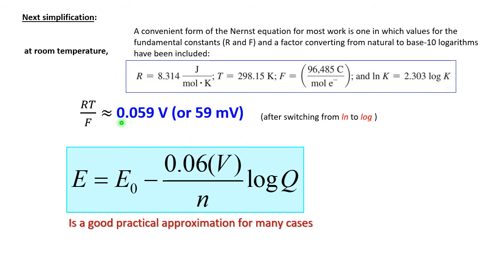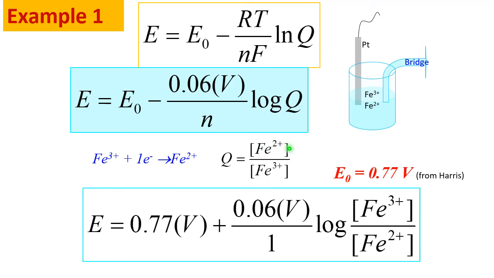In this case, we can put RT by F as 0.059 volts or 59 millivolts, or even less precise 0.06 volts. So we have a very good primitive approximation of the Nernst equation. E is E0 minus 0.06 volts divided by the number of electrons, decimal log of the reaction quotient. Very convenient simplified formula.